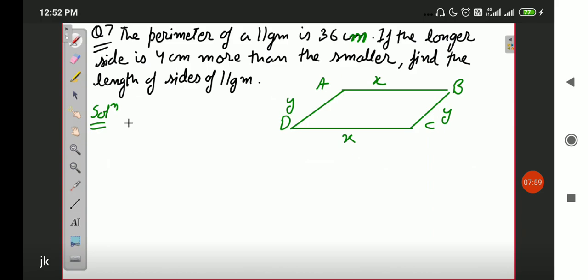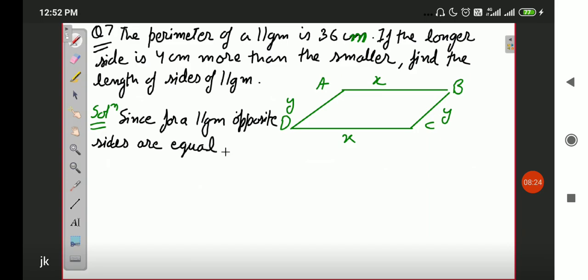First of all, we will write, since for a parallelogram opposite sides are equal, that means AB and DC are equal and let both lengths be equal to x.